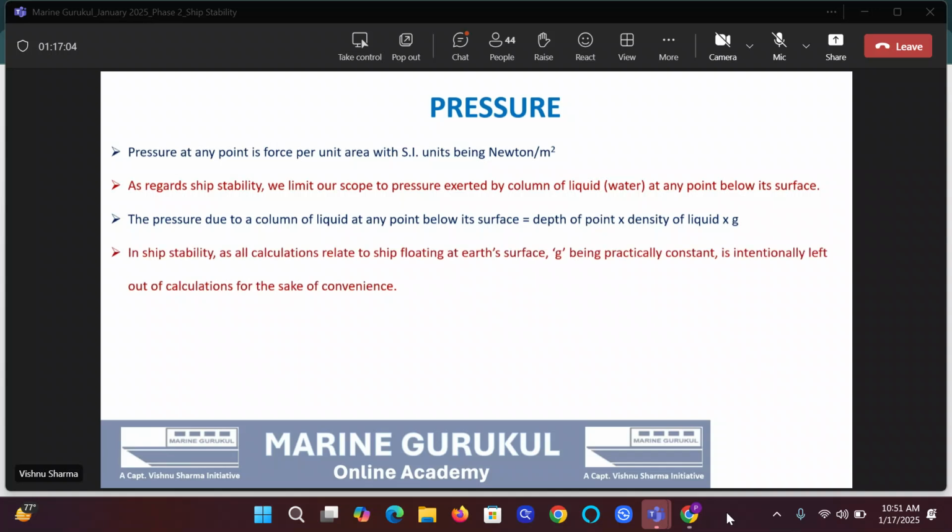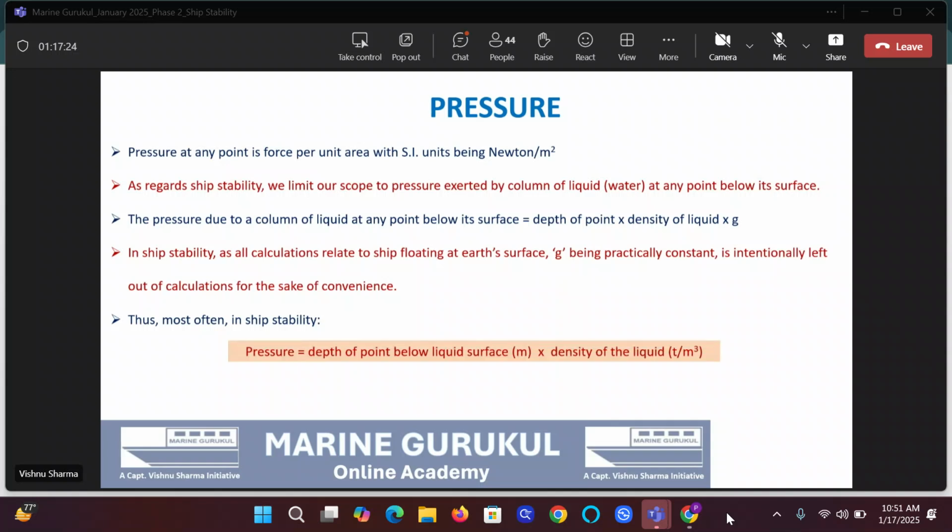In ship stability calculations, the ship floats at the surface of the earth, where G is practically constant, so it is left out for convenience. So in ship stability, pressure is the depth of the point below the liquid surface multiplied by the density, and pressure is in tons per meter square.